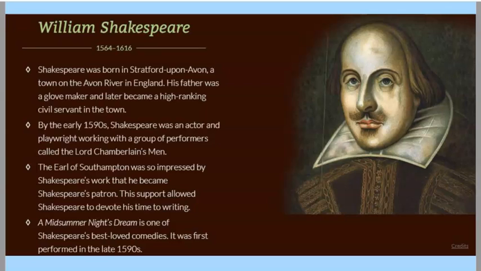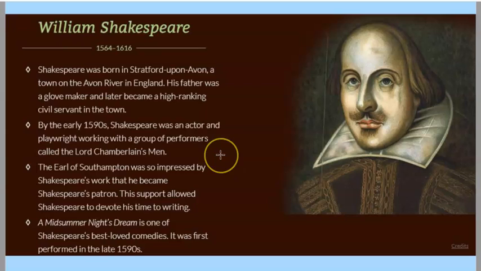All right, here is our author, our playwright, William Shakespeare. He lived from 1564 to 1616. Shakespeare was born in Stratford upon Avon, a town on the Avon River in England. His father was a glove maker and later became a high-ranking civil servant in the town.